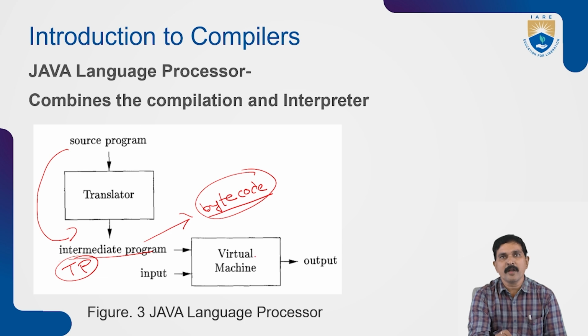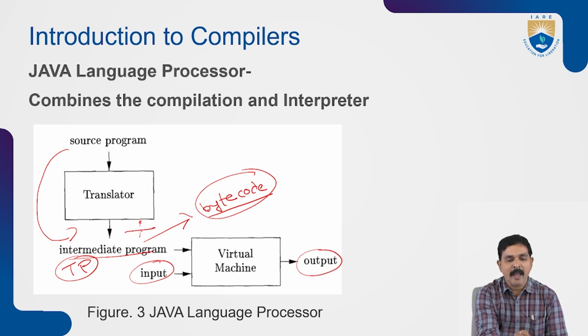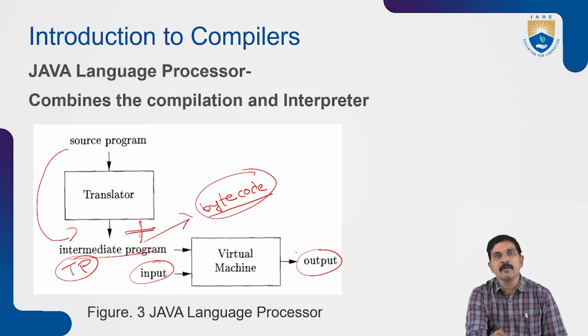Next you go for using the interpreter. You have to interpret the instructions from the bytecode, and you get the input also from external sources. Then finally you display the output. Here we make use of both the translator and also the interpreter.